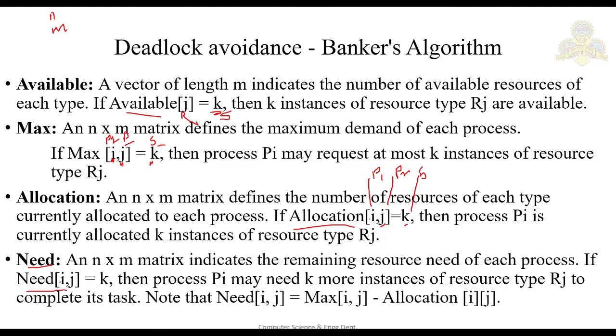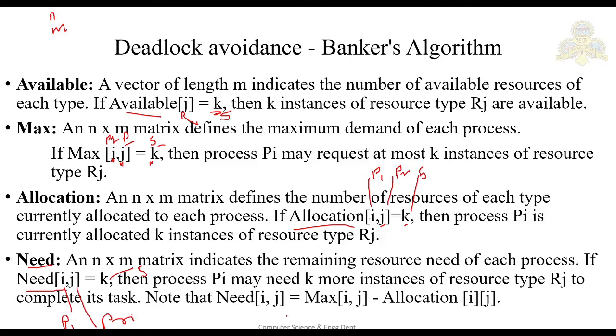That means your process pi still needs k more instances of the resource type j. I'll consider again p1 as i, j as printer, and k as 5. So your process p1 still needs 5 more instances of this printer to complete its execution.